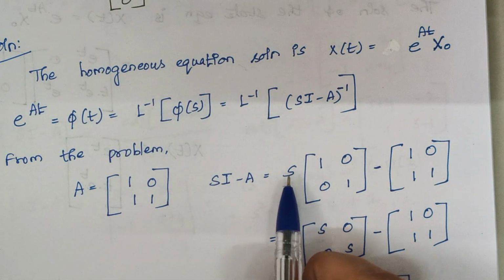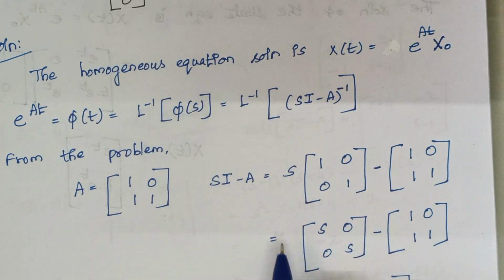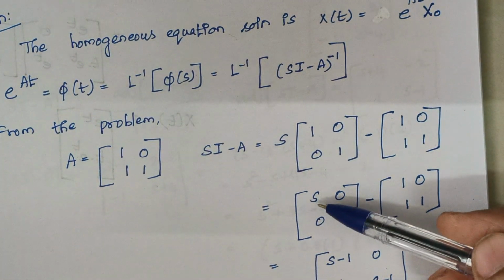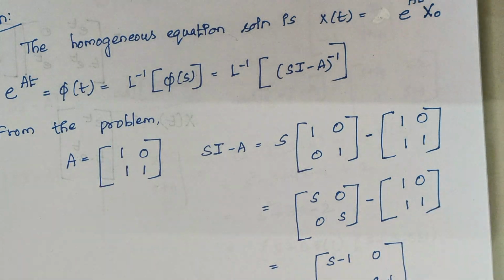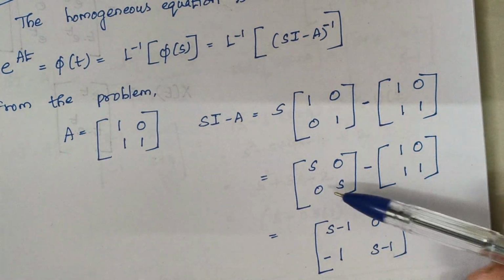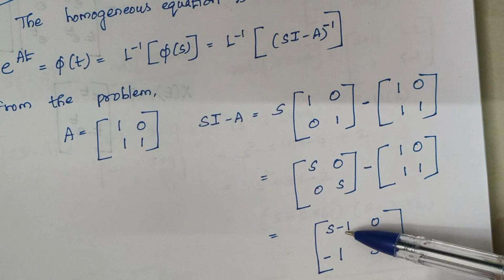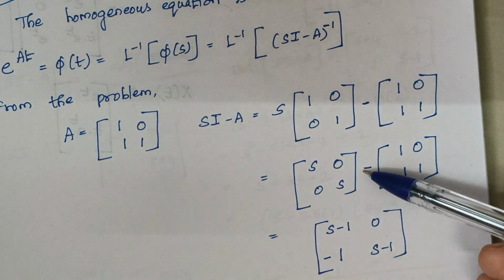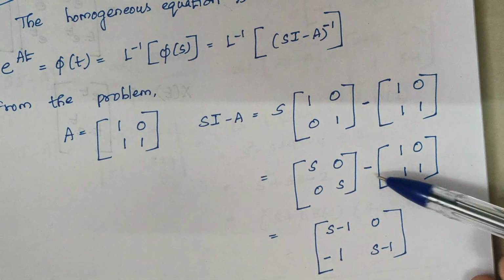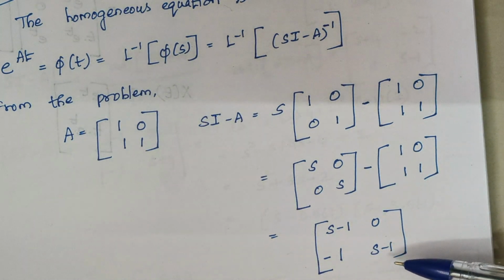So when you multiply this s with the identity matrix, here we will have s, 0, 0, s minus this term. So when you do the subtraction, s minus 1 becomes your first term, and 0 minus 0 is again 0, and 0 minus 1 is minus 1, and s minus 1 is s minus 1 here.